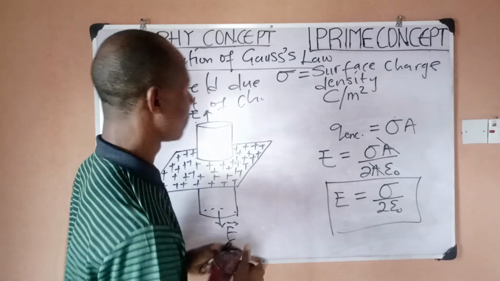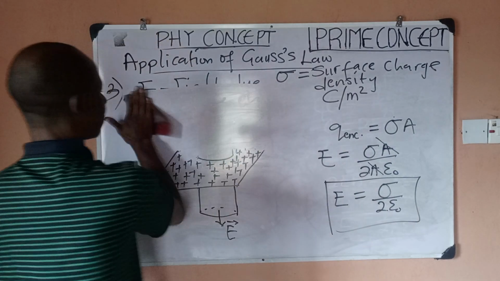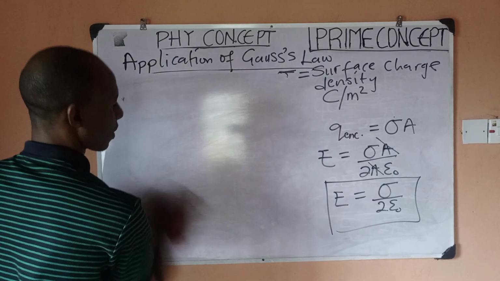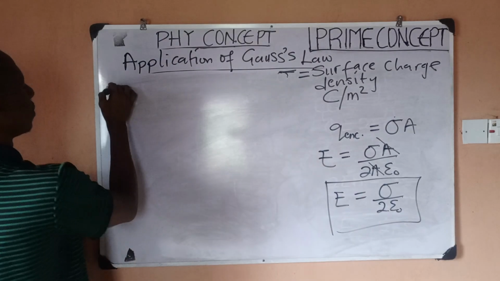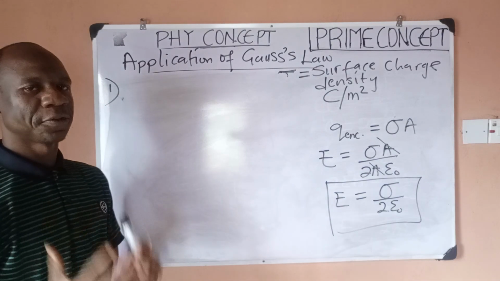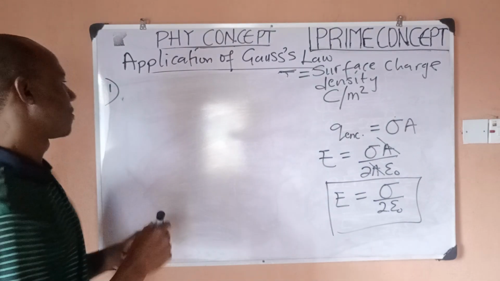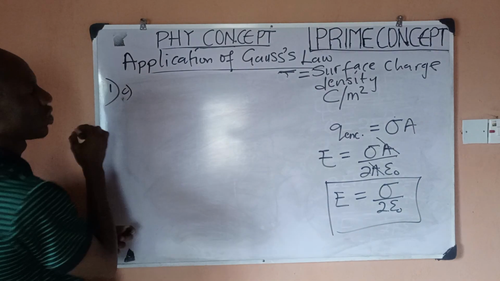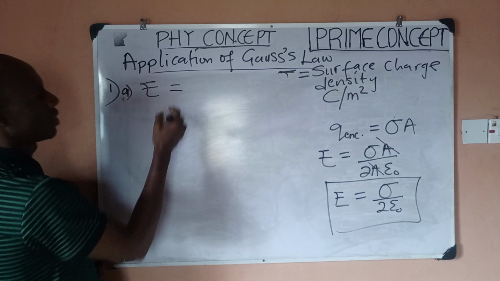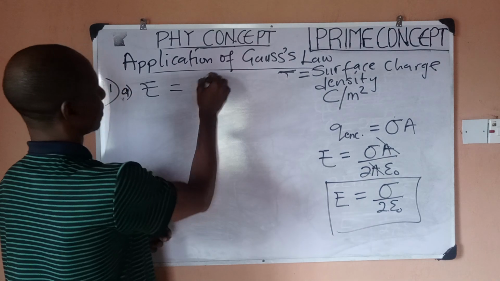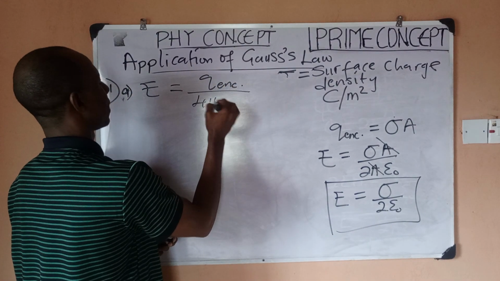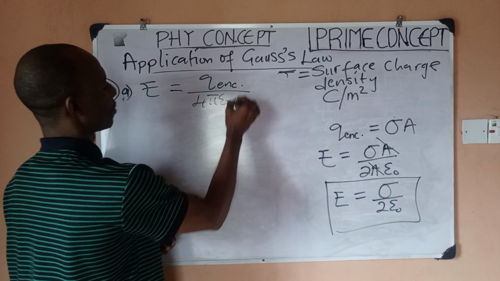So let me quickly summarize the formulas, the two major formulas. So the first is electric field due to a spherical charge. Due to a spherical charge, we got condition A, and we said the electric field is the charge enclosed divided by 4 pi epsilon naught times R squared.